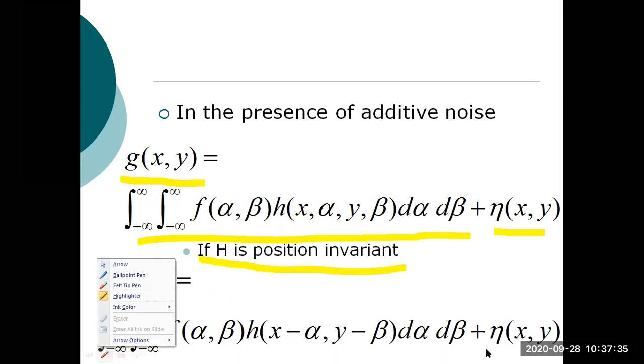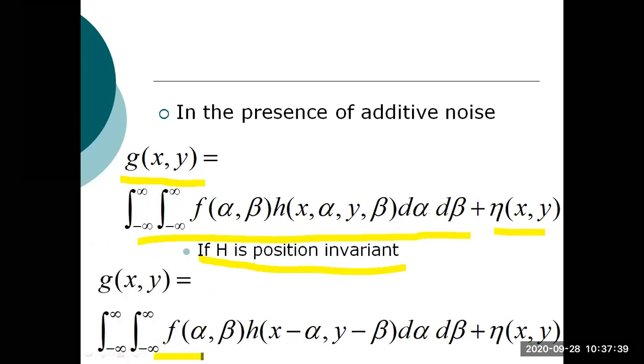Just add this. This is convolution, right? Convolution plus eta. This is externally added noise in our noise model. So simply add the eta of x comma y; that is called the presence of additive noise.